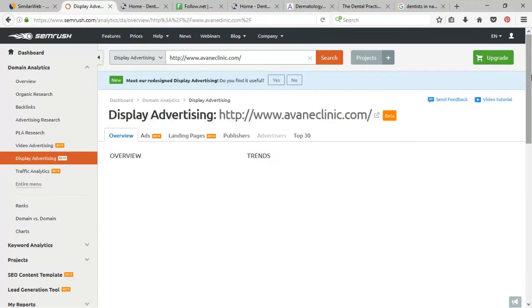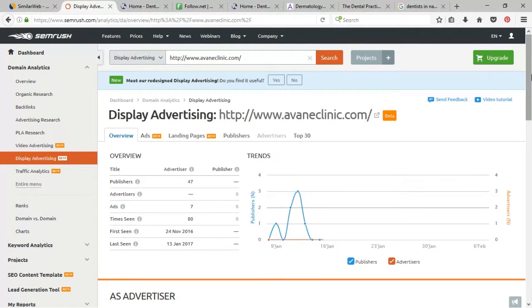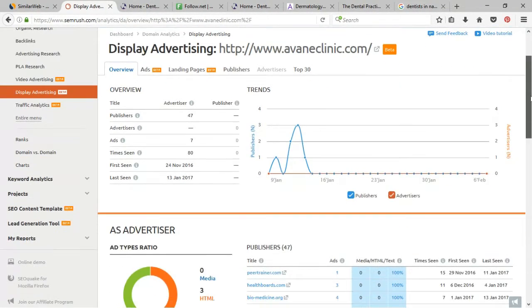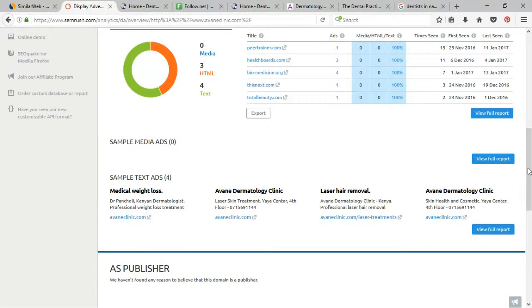It's loading. Yes, so we can see here they've been running 4 ads across the internet. I want to show you what they're doing and then compare it to the dental clinic, and then you can see the correlation. So let's go to, for example, laser hair removal.